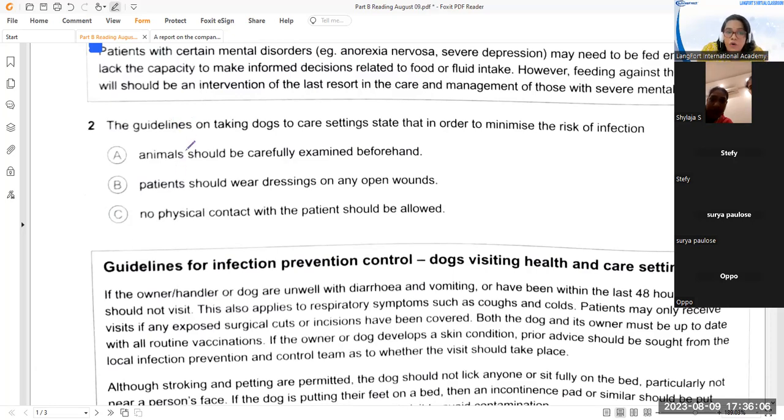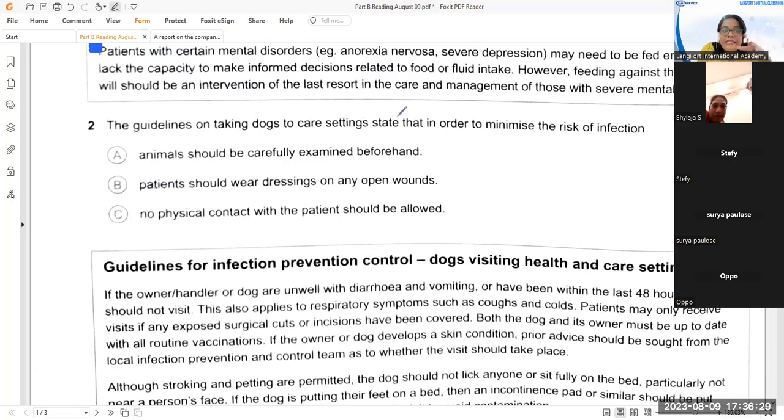The guidelines on bringing dogs to care settings, of course healthcare settings, mention that in order to minimize the risk of infection. So this is a guideline that talks about bringing dogs to a healthcare environment.